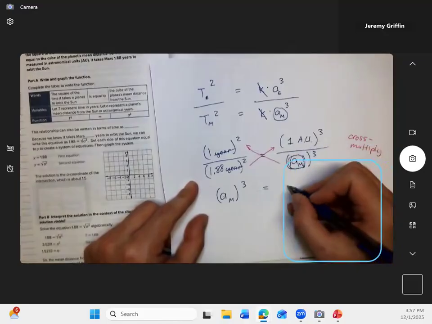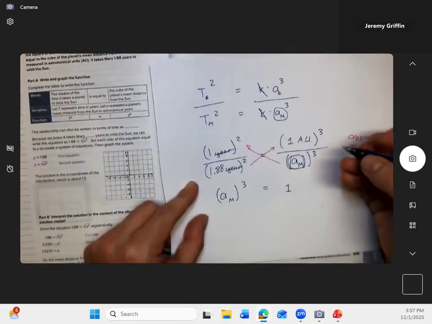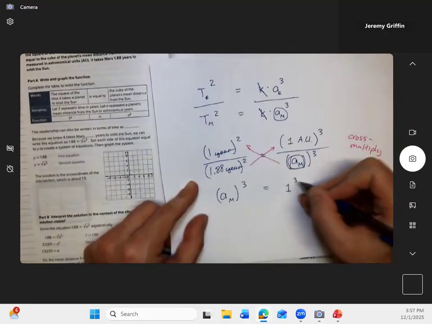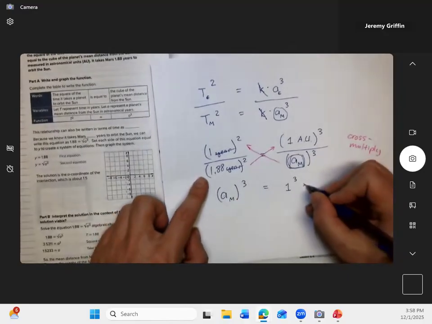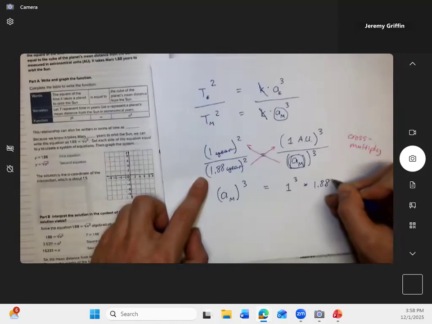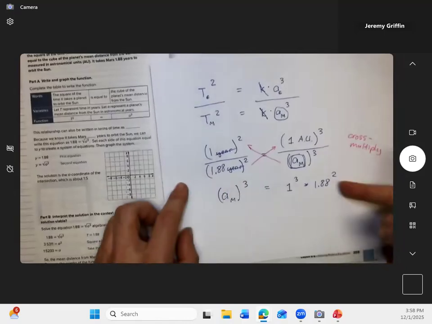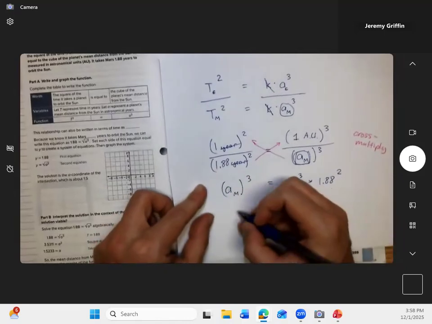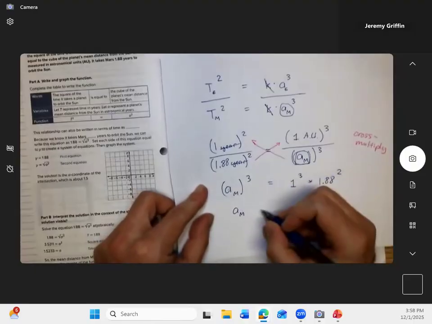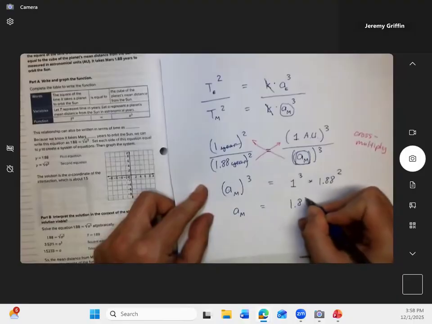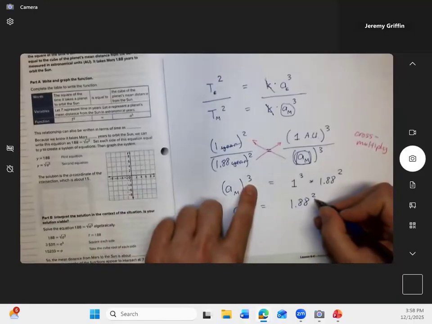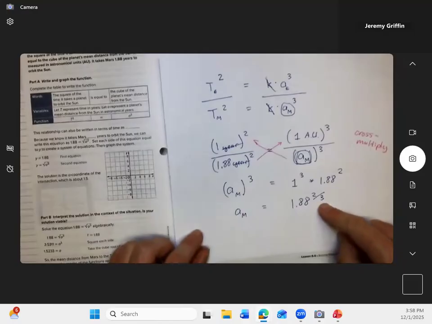Well, basically, I'll just drop the unit, call it 1 cubed, because by the time I take the cube root, it'll come out to astronomical units anyway. And then times 1.88 squared, which came from here, cross multiply, looks like that. So the distance from Mars to the Sun is equal to the cube root of 1.88 squared, and I can express that as a power of 2/3.